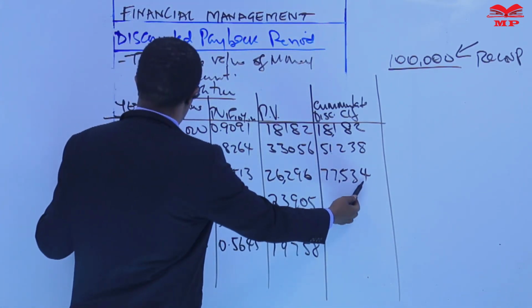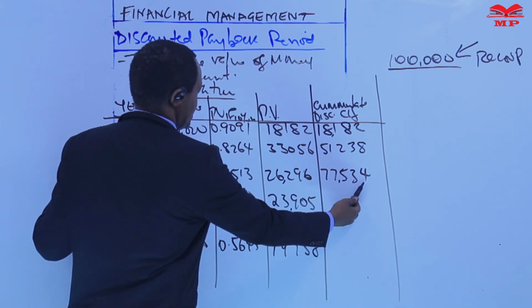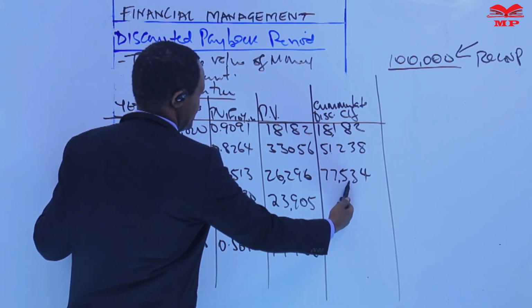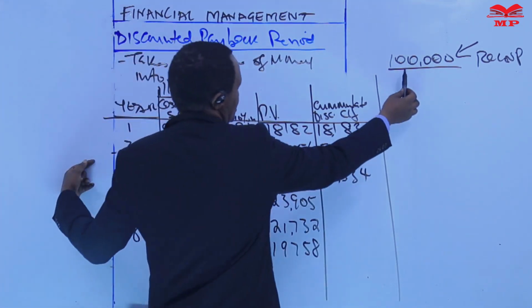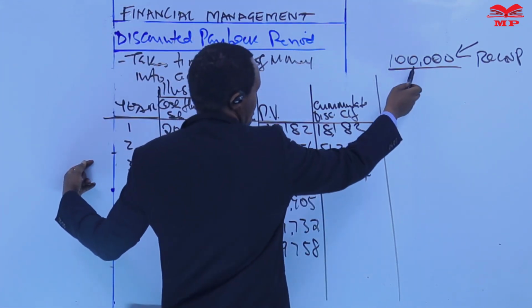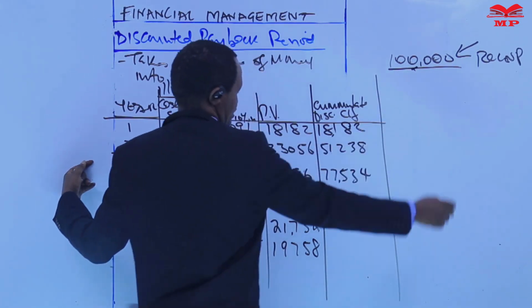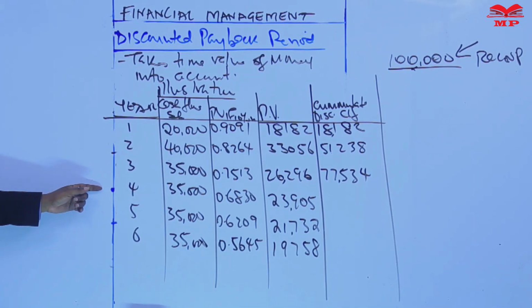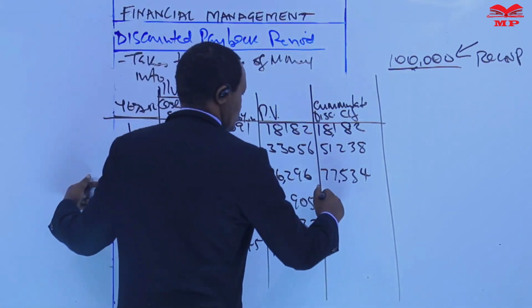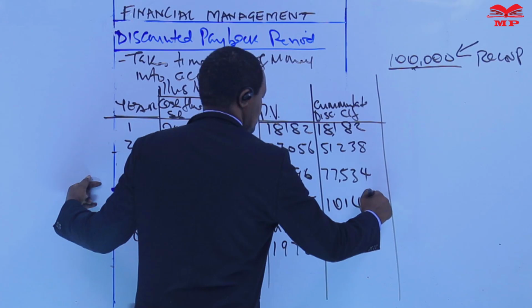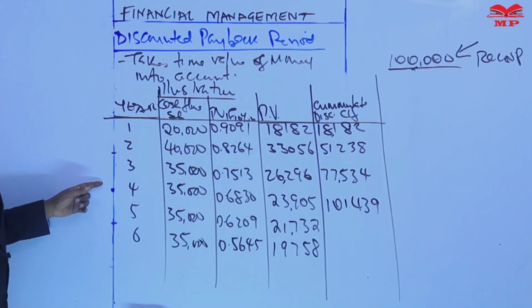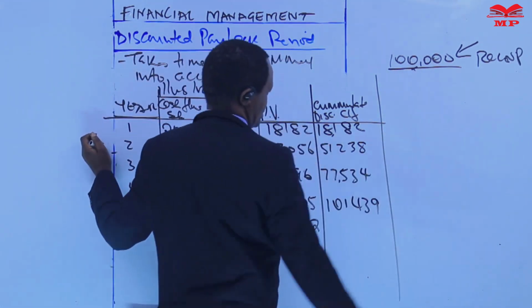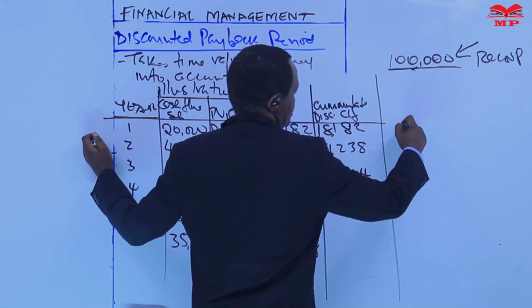That is at the end of year 3, the company will realize 77,534 from the 100,000. So at the end of year 3, the company has not yet recouped all the 100,000. Cumulate year 4: 101,439. It has exceeded the 100,000.